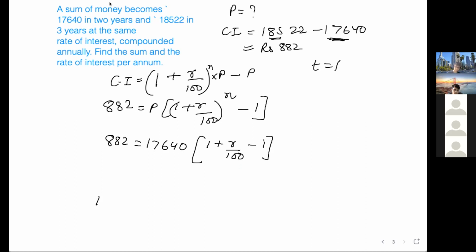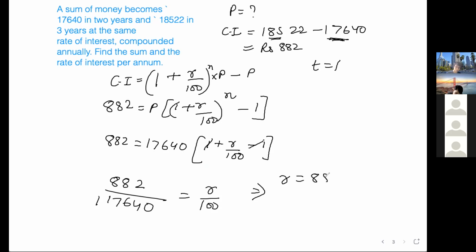So we'll just have 882 divided by 17640 is equal to R by 100, which gives 100 goes over here, R is equal to 882.